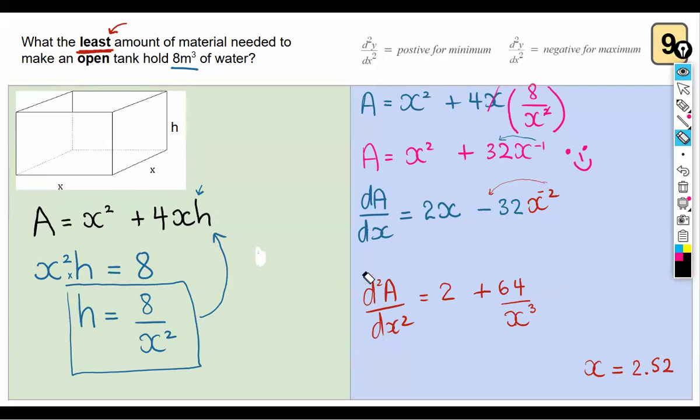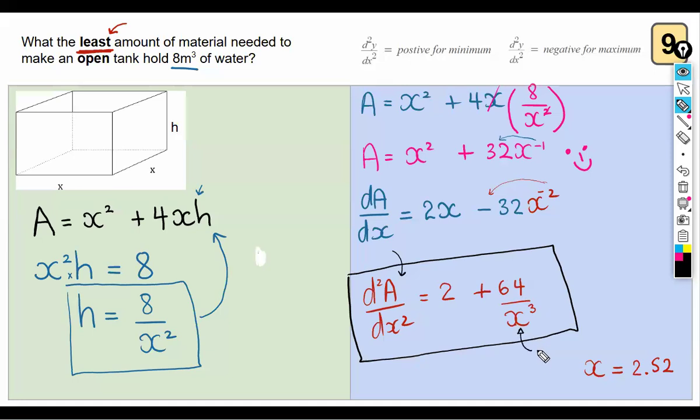Now this, when we differentiated it a second time, you all notice we can't figure out whether this is positive or negative as yet. In the other questions, as soon as we differentiated a second time, it was 100% clear whether it was positive or negative. But we end up with an expression for the second differential. So we have to replace x now with the value we are testing.